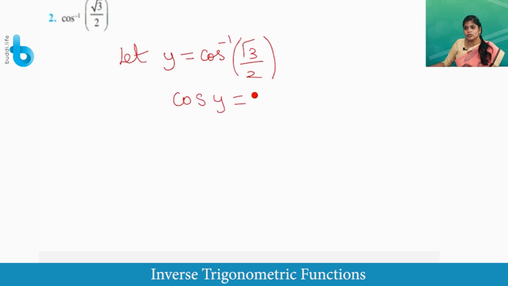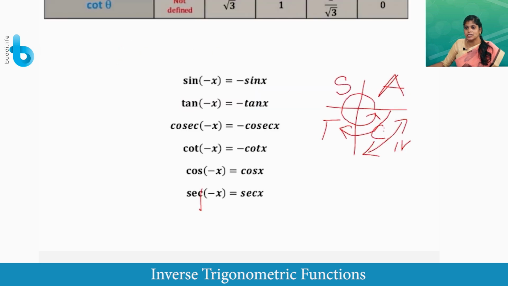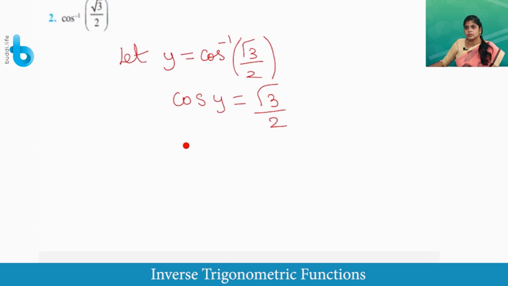Again, which angle of cos theta gives you root 3 by 2? Again 30 degree. 30 degree is nothing but pi by 6. So cos y equals cos pi by 6 again. Since they are equal, y value is pi by 6. And this is the principal value, no?